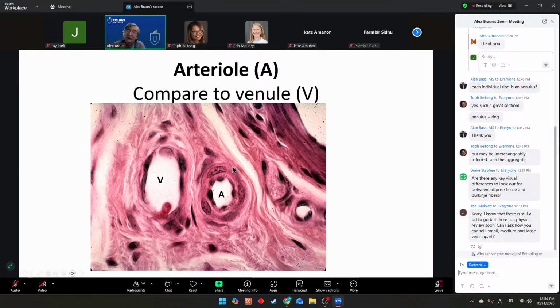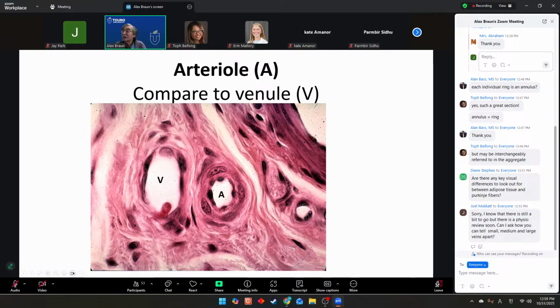Now, often arterioles will travel with venules. So in the same picture, although we're not talking about the venous vessels at the moment, we do see a venule next to it, which we will look at again when we talk about the veins. But as you can see, in comparison, the veins are thinner walled vessels and tend to have larger lumina. So since we're seeing this, I'll mention it right now.